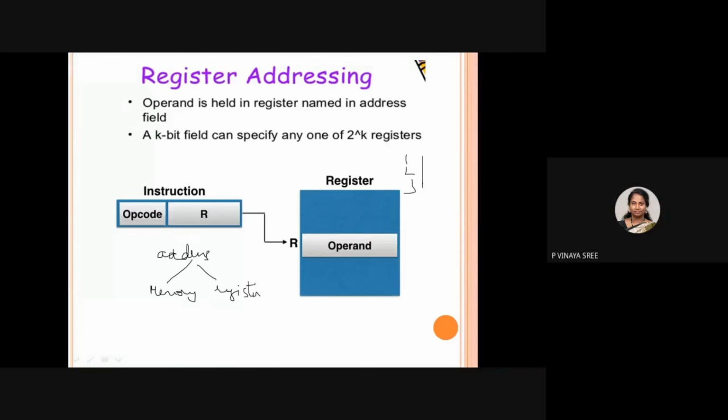Let us consider it as R1. It goes to that particular register, and whatever we have in that register is your data operand.